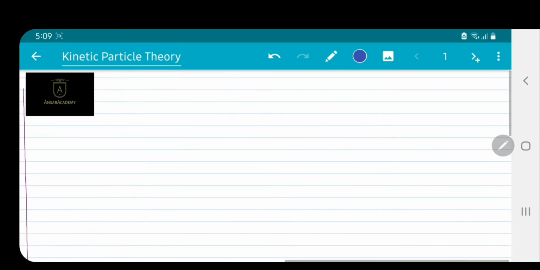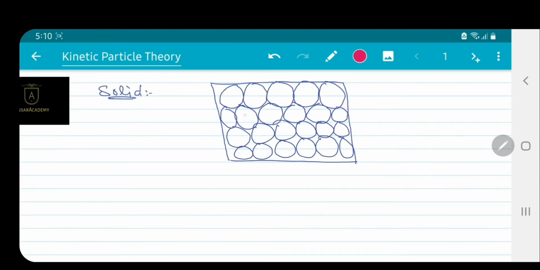So let me draw the solid particles. Okay, so this is the typical kind of particle arrangement of a solid. An examiner usually asks, like there's a box given in the question paper, and you have to draw the particles of a solid.